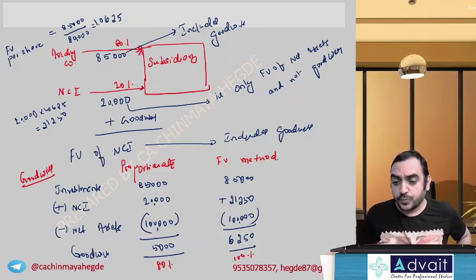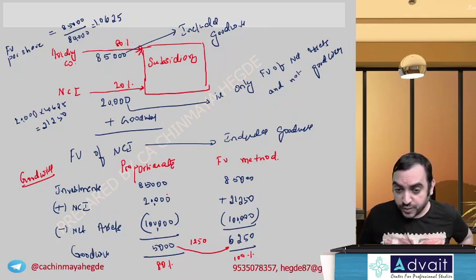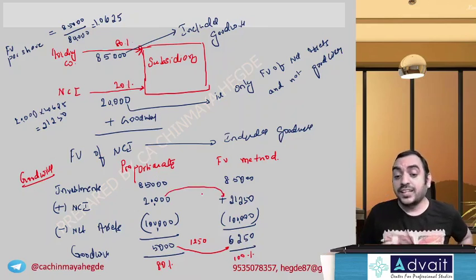But please observe. Why goodwill? How much did goodwill increase by? Goodwill increased by 1,250. Why did goodwill increase by 1,250? Because NCI increased by 1,250.